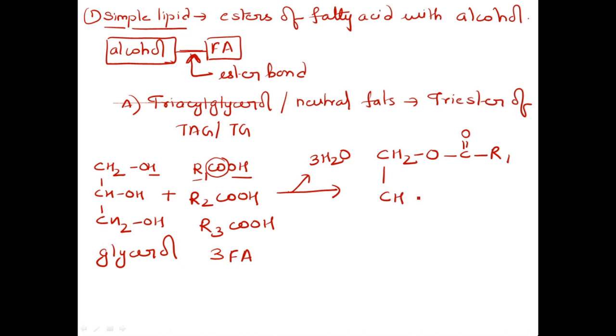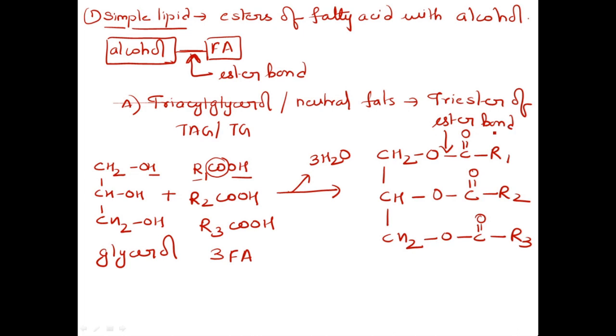Similarly, the second fatty acid will also combine with the second carbon, and the third fatty acid will also combine with the third carbon. This is the ester bond. So 3 ester bonds are formed here, and that's why it's called triester. These triacylglycerols are also called neutral fats because they do not contain any charge. So net charge is 0.